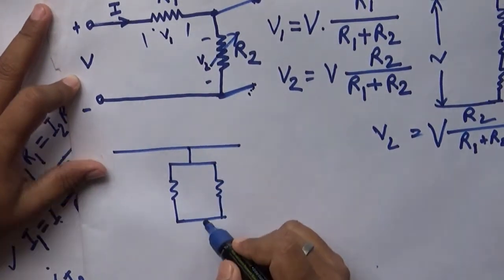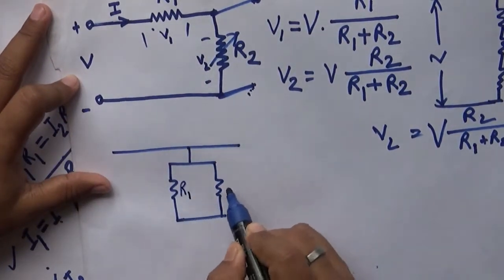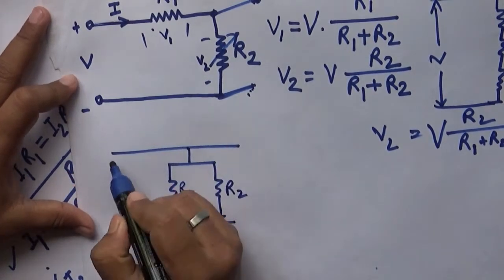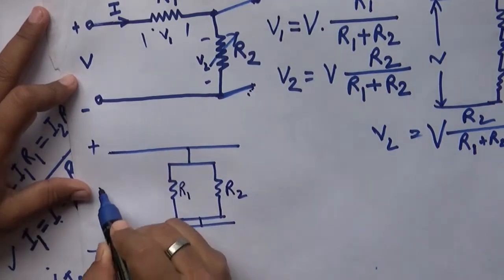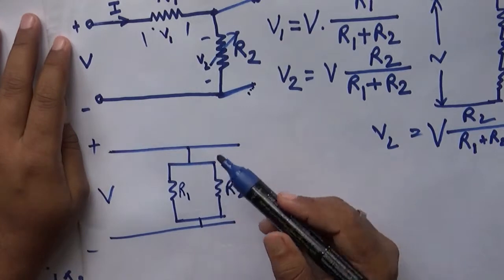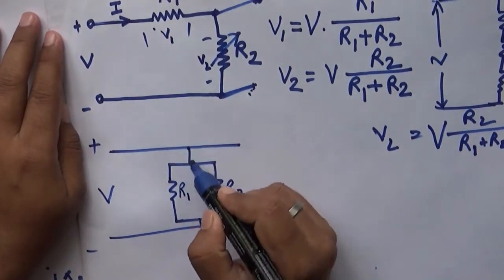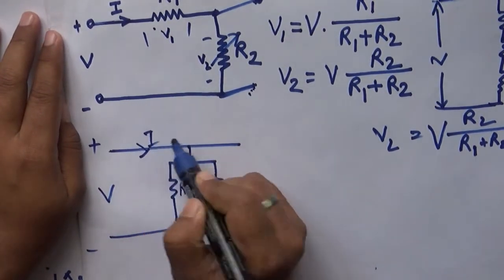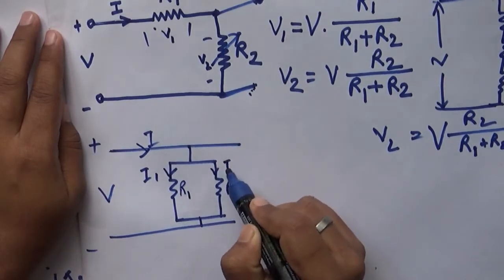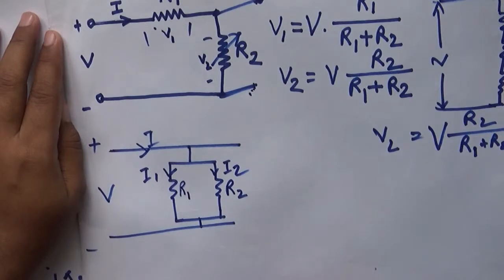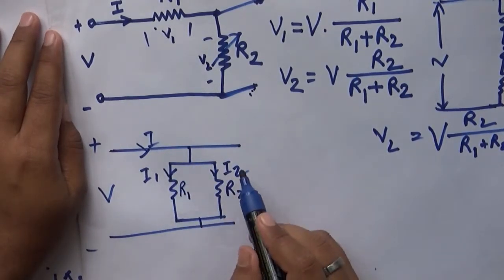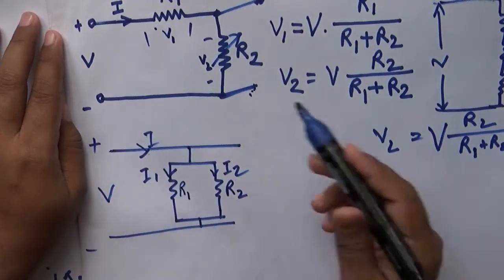So in a parallel circuit with R1 and R2, ground, plus and minus and V, the current I splits into two parts, I1 and I2, and I1 plus I2 is equal to I.